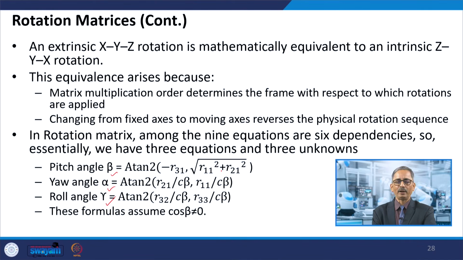Through that value, those 9 elements we can get these 3 values. Basically among those 9 elements you have 6 dependencies. So, you have 3 equations with 3 unknowns, and we can get the values of the unknowns, and these formulas assume that your cos beta is not equal to 0.